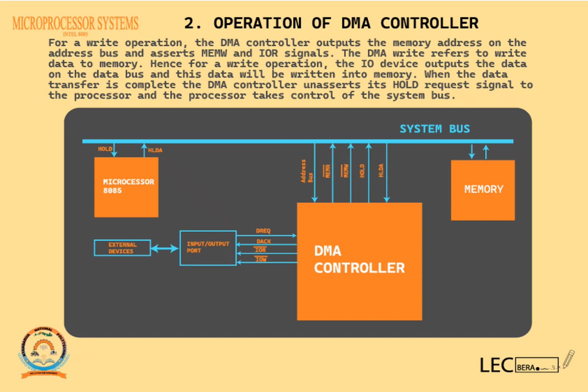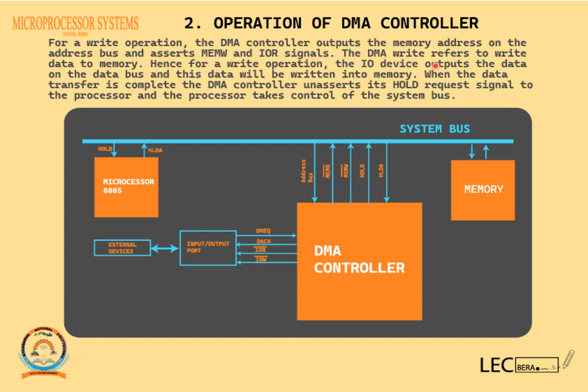Another operation is the write operation. The write operation means that we are reading data from the external devices and storing the data to the memory. So for a write operation, the DMA controller outputs the memory address on the address bus and asserts the memory write and input-output read signals low.